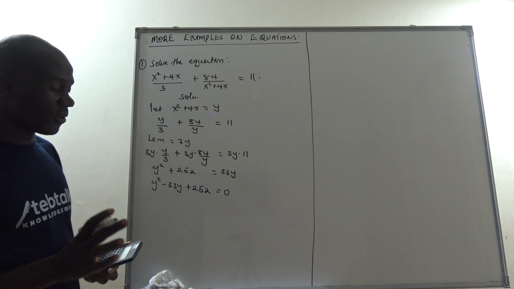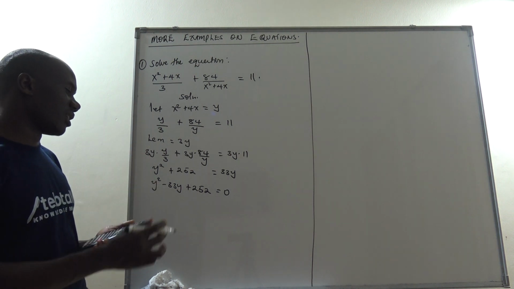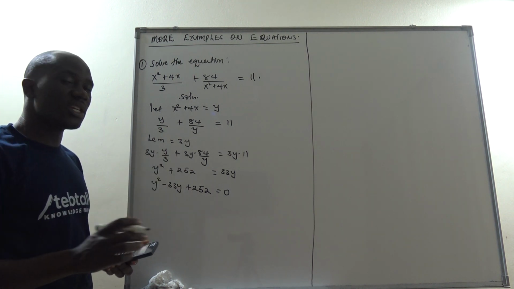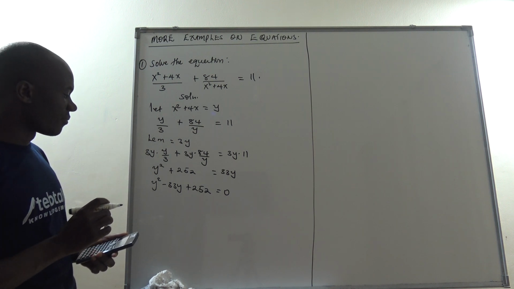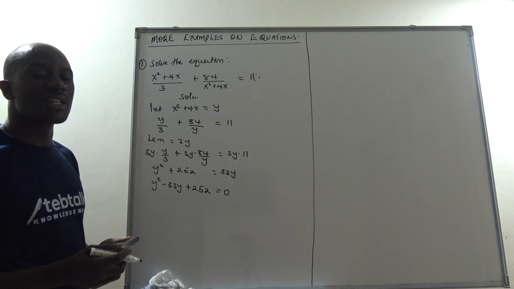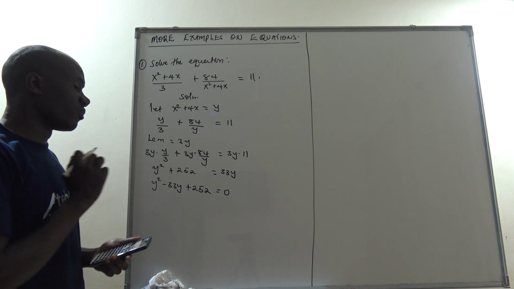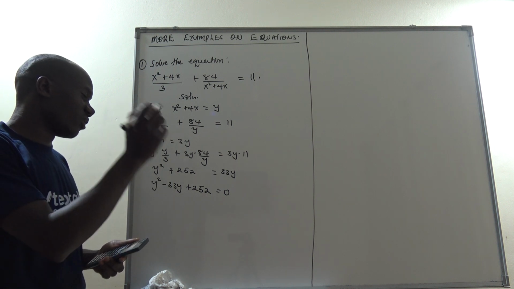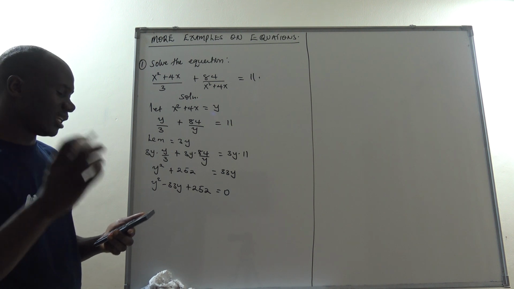We need to solve the value of y. We can use our bulldozer or we can use our factor method. We look at what the product is: 252. What is the sum? The sum is negative 33. Look at the sum and the product. Look at the factors. Think of two numbers: when you multiply, you get 252, and when you add, you get 33.